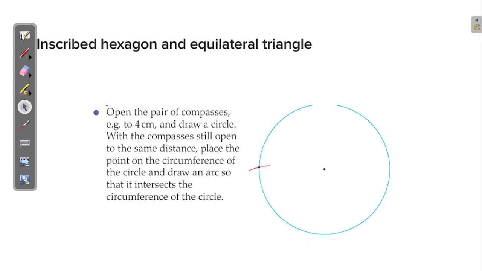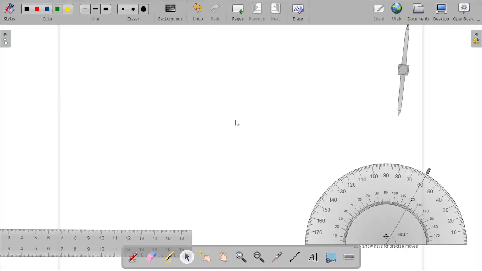All right, so let's look at how to inscribe a triangle first. How to inscribe an equilateral triangle in a circle.